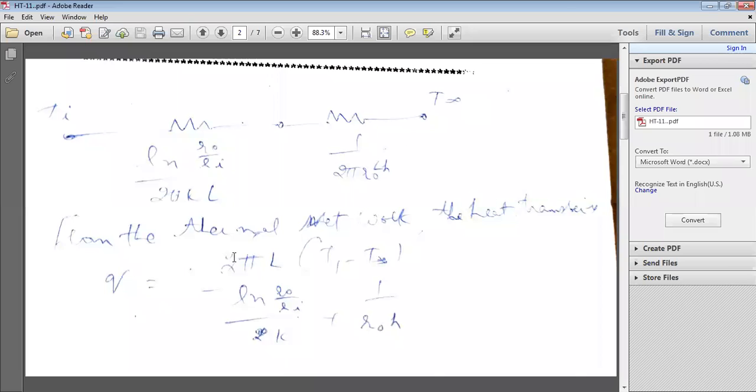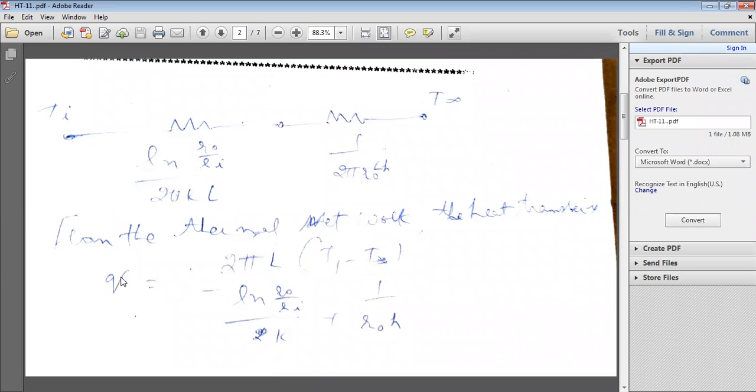So from the thermal network, how do you calculate heat transfer? Q equals Ti minus T free stream divided by Ln Ro by Ri divided by 2 pi KL plus 1 by 2 pi Ro L H. But here 2 pi L is common, and here also 2 pi L is common, so you can take 2 pi L to the top.